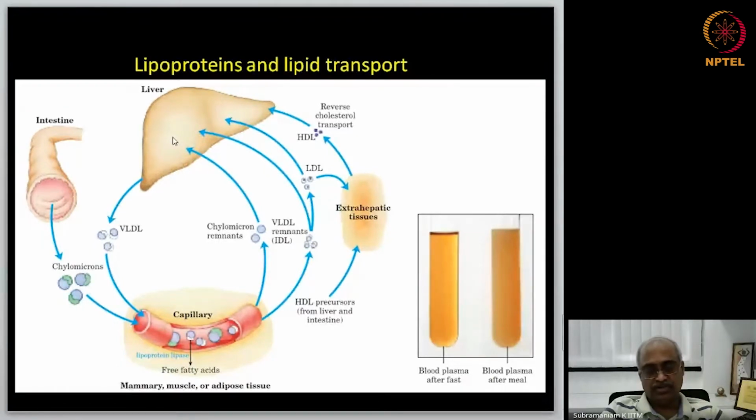And second, when you have plenty of carbohydrate available, like a carbohydrate rich diet, the main dietary material here is carbohydrate. They are not carried by chylomicrons, they go by glucose transporters and so on.